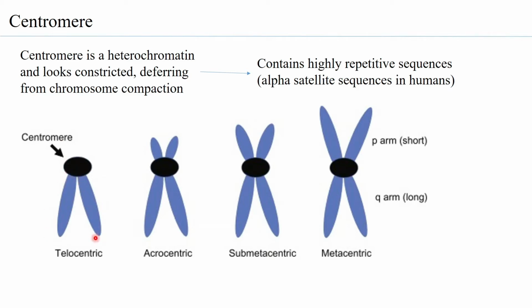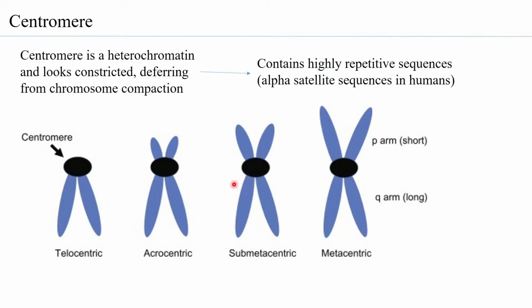So you only have long arms present, you don't have a short arm. Acrocentric is when you have two-thirds of the chromosome as long arm, while only one-third is short arm, or you can say three-fourths is the long arm and one-fourth is the short arm.